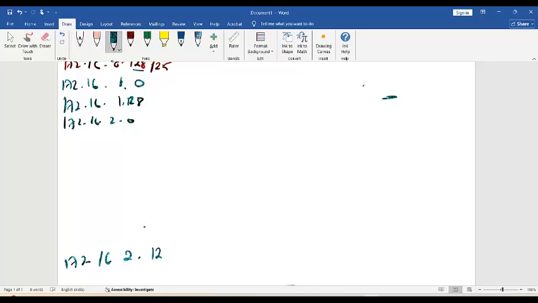Sorry, what am I writing? 255 dot. All the network bits should be on, 255, 255 dot 128. What is the value of that one bit? 128. We don't use this. All the network bits are on, we don't use it.